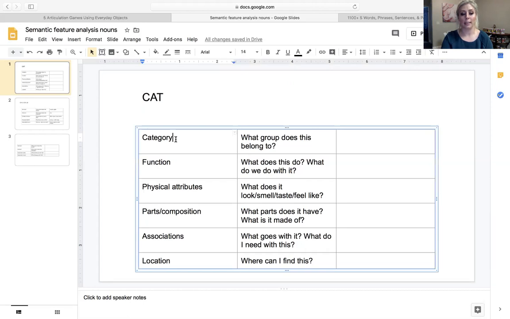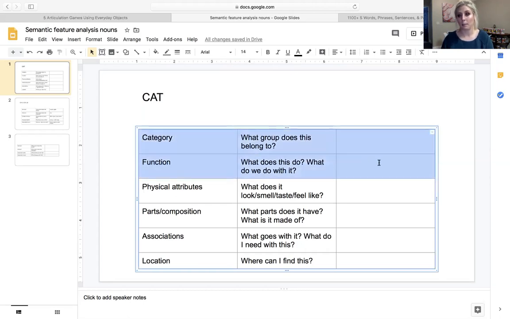So the first one is category. Sorry, I couldn't help myself. So you're thinking, which group does this belong to? Now, for some of my younger students, kindergarten and first grade-ish, they may need a little bit of help with these.